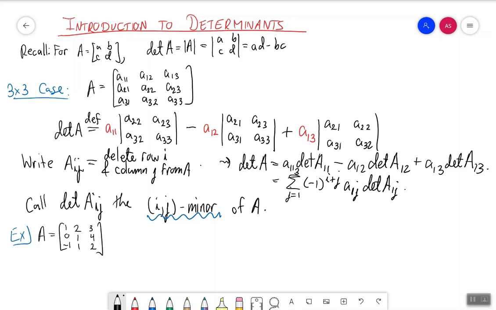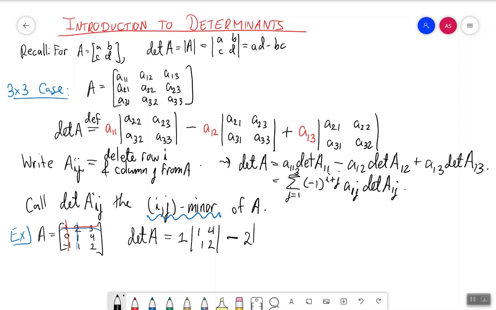We have this matrix here. Using the formula above, the determinant of A is equal to, let's see, what's in the 1,1 entry? That's a 1, so 1 times the determinant of what's left over when we remove this row and that column. So the determinant of 1, 4, 1, 2. Then we have to do minus, you have to remember the minus, 2 times what's left when we remove this and that.